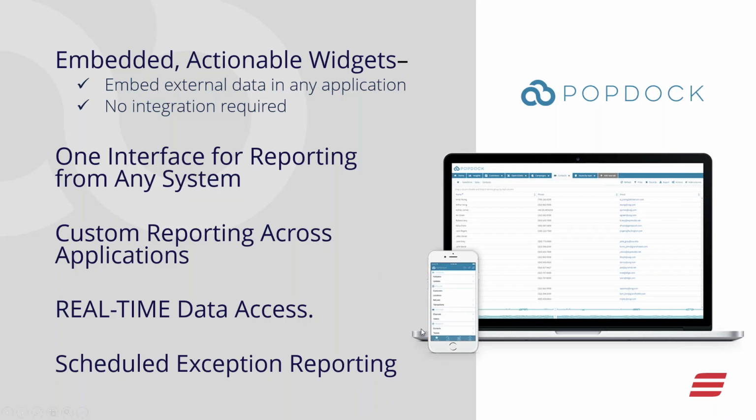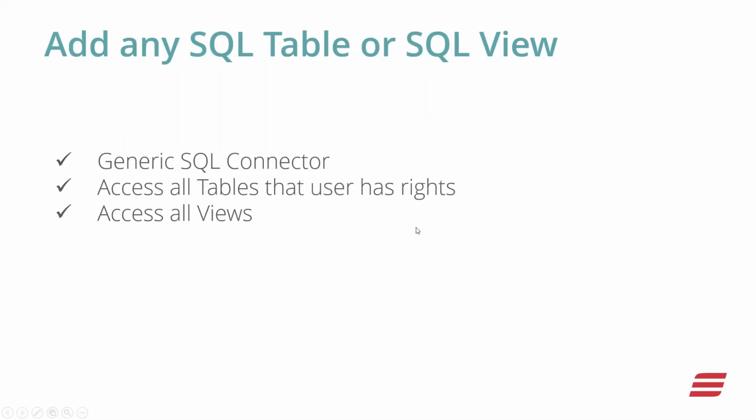So those are some tenets of Popdock, but I want to get into really a few different subjects today on what we can do from a SQL reporting standpoint. So one of the things we're going to talk about is taking any SQL table or SQL view and using that to basically connect to whatever list data that we need.